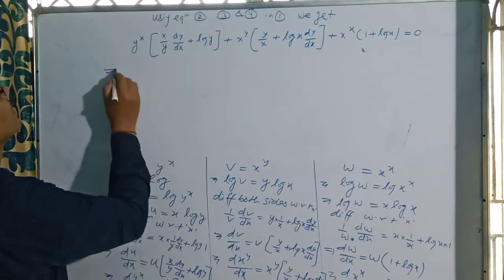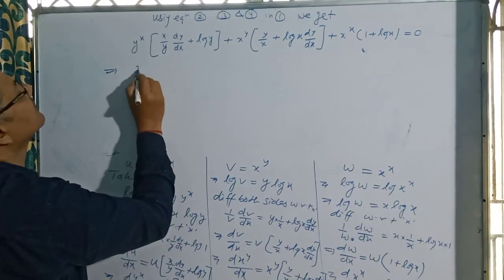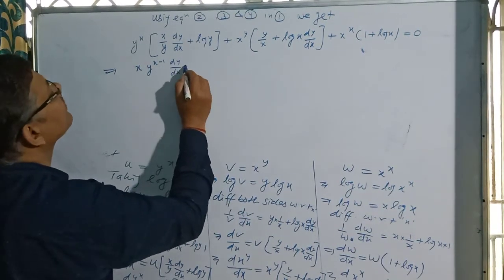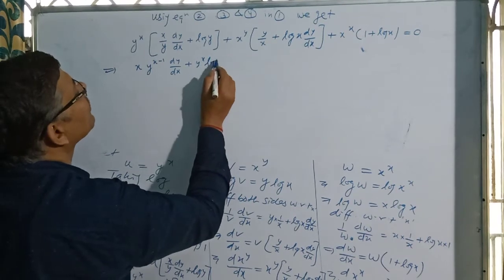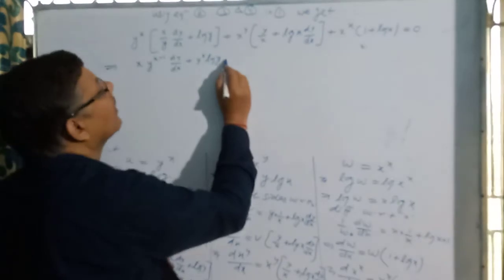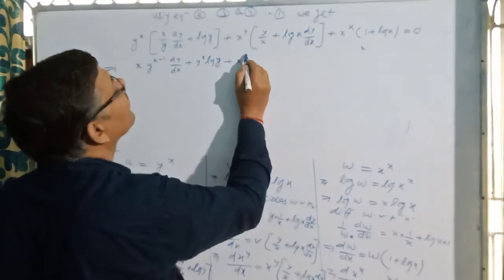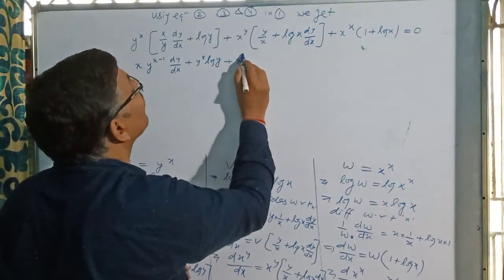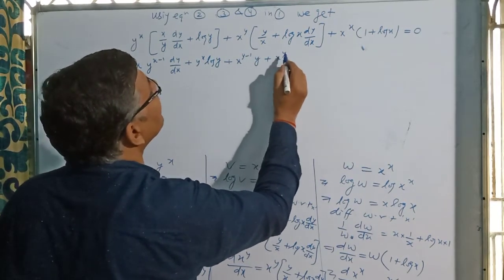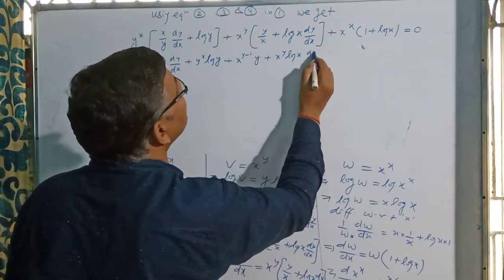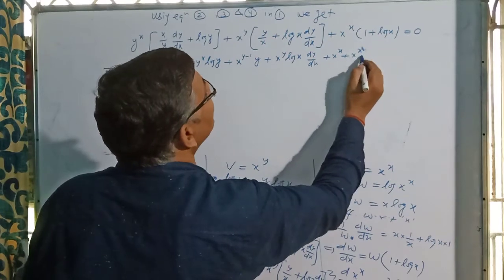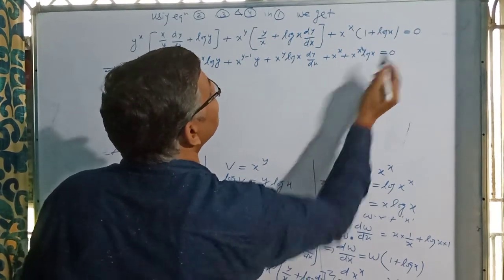So first of all multiply it. It is x into y power x minus 1 dy by dx plus y power x log y, then plus x power y minus 1 into y plus x power y log x dy by dx plus x power x plus x power x log x equal to 0.